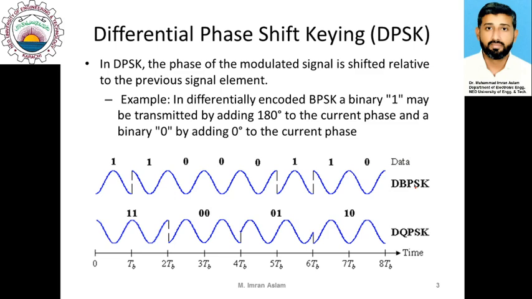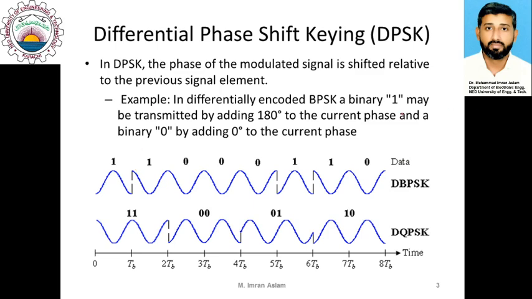We can detect the DPSK signal. For DPSK, the information is not encoded in the absolute phase of the wave, rather it is encoded in the phase change. So different bits in the DPSK scheme are represented by different amounts of phase change. So the phase shift gives you the information related to the bits.